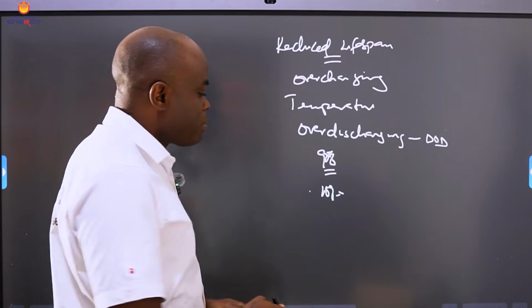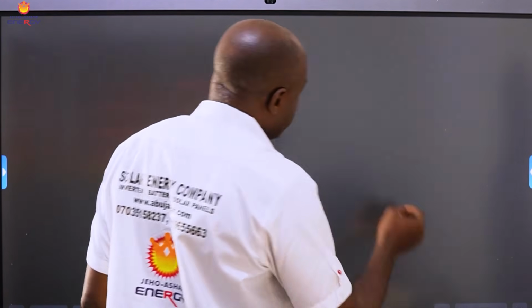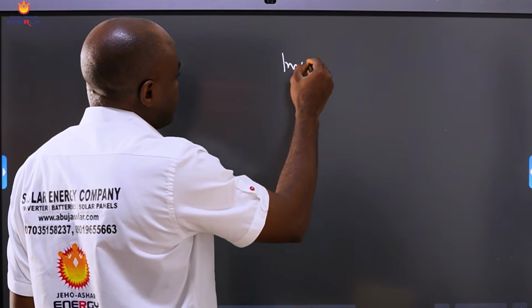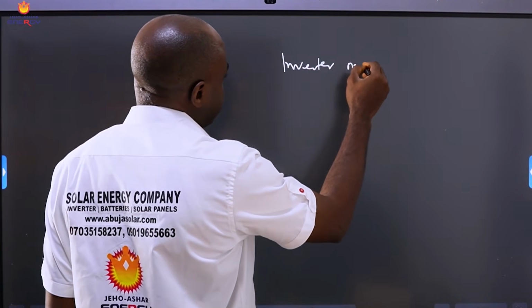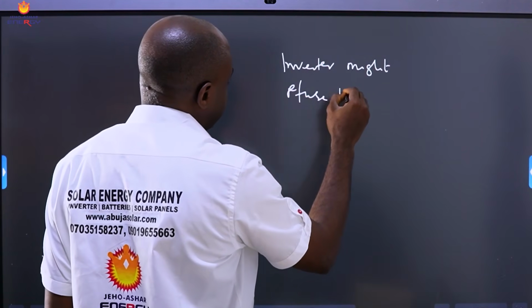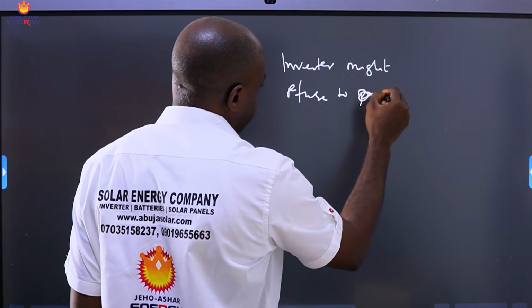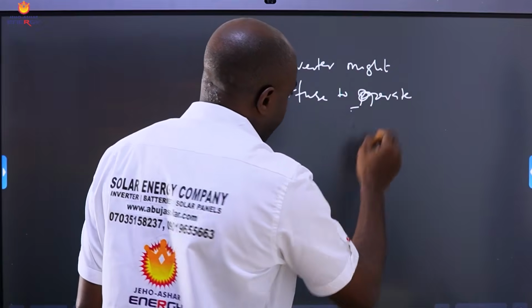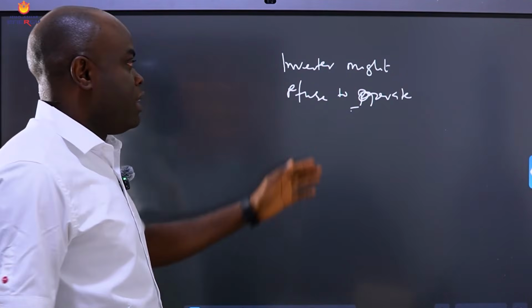Then the next aspect is another thing you might observe: your inverter might refuse to operate. Actually, this is number 7.